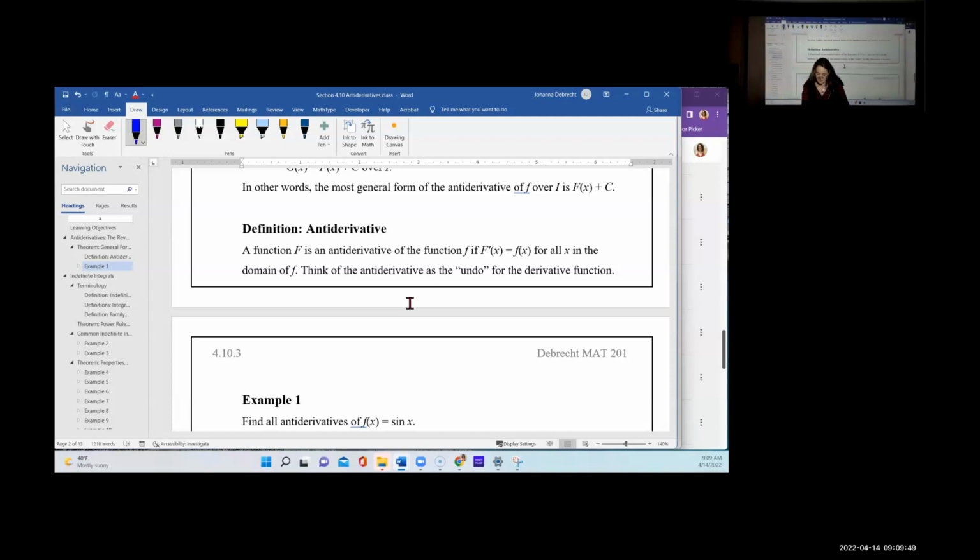So again, F is an antiderivative of lowercase f if the derivative with respect to x of uppercase F is equal to f of x for all x. Remember that the upside down capital A stands for all x in the domain of lowercase f.